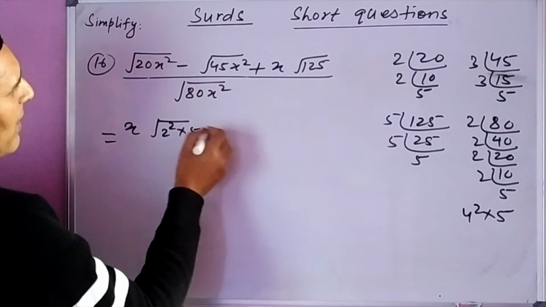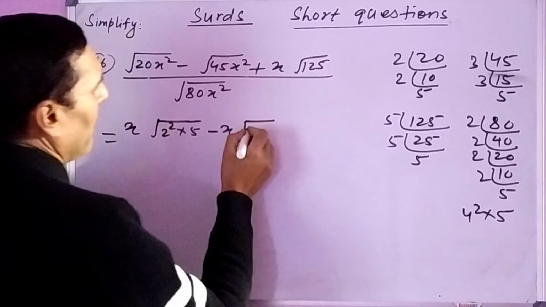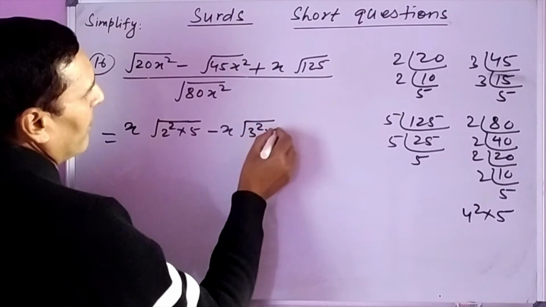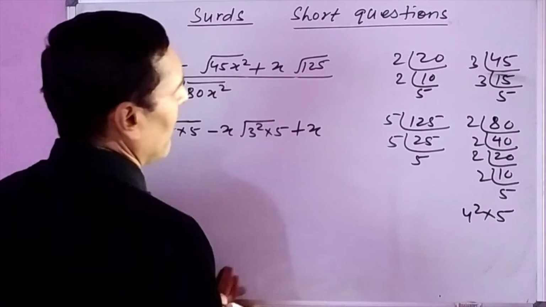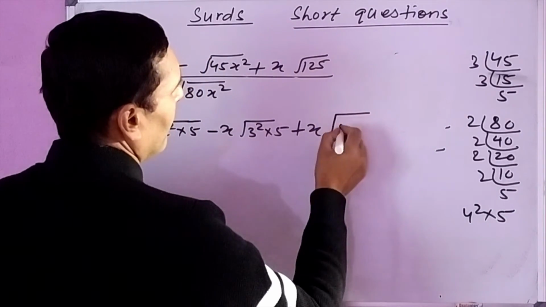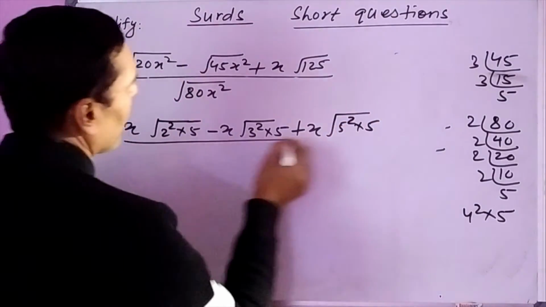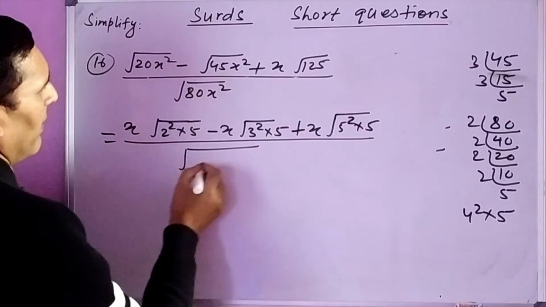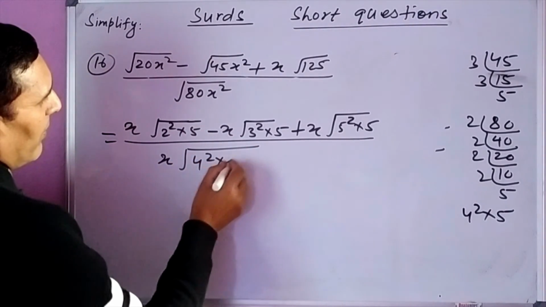Here also x comes out, 45 is 3 square into 5, and plus x, 125 is 5 square into 5, all upon 80. x comes out, 80 is 4 square into 5.